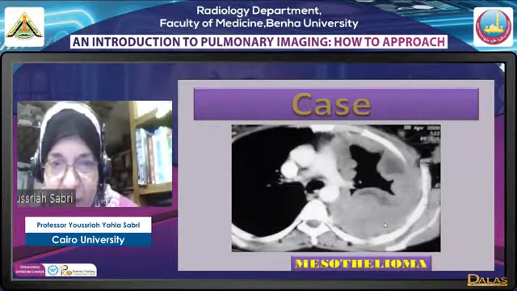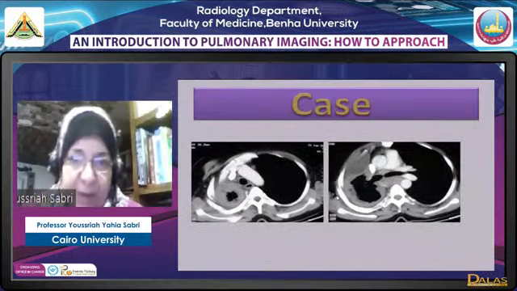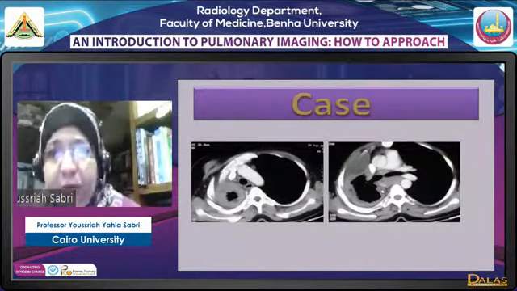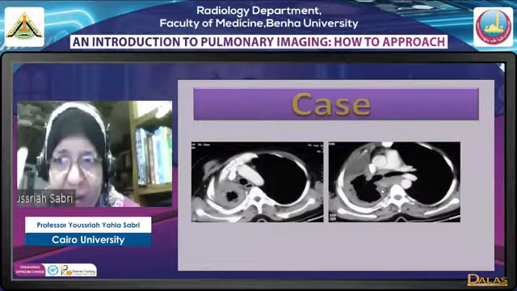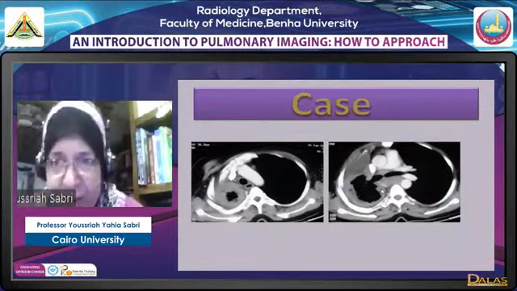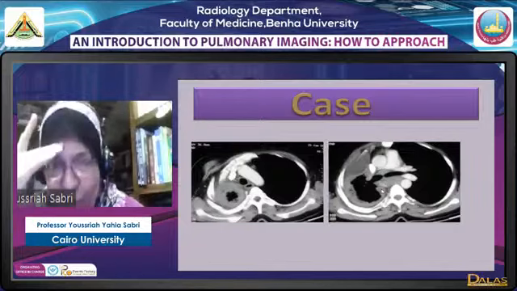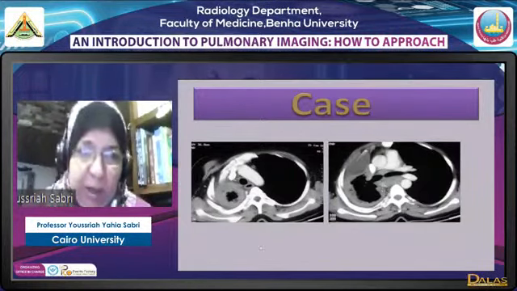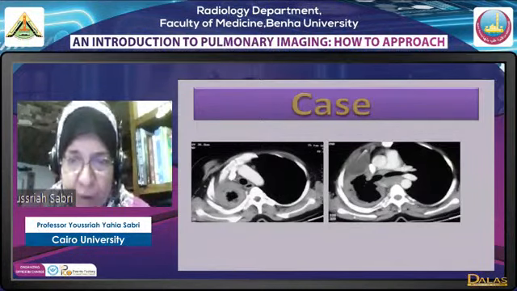Another appearance, nodular appearance with decreased volume. By the way, a mesothelioma may be associated with decreased volume, and this is a classic pattern, or a normal volume, or even an increased volume if it is associated sometimes with a mass effect and effusion. So the volume change has nothing to do with it. If it is decreased volume, it is more pathognomonic.